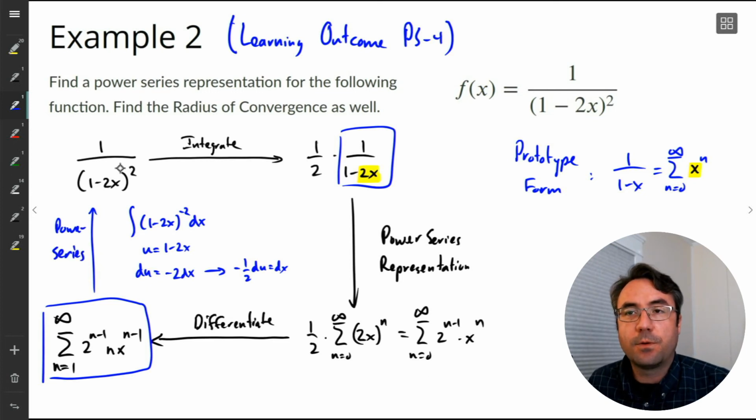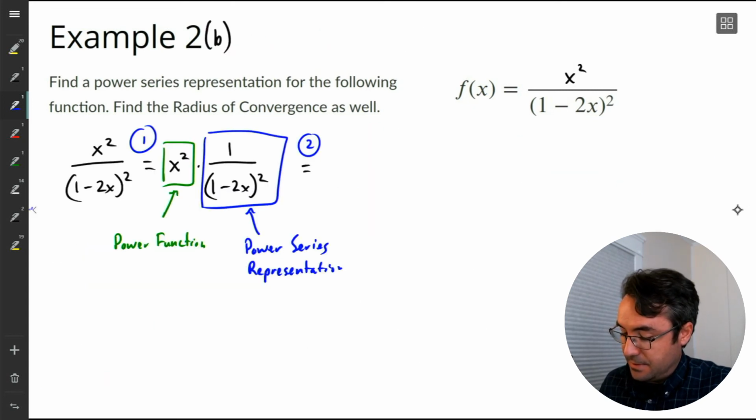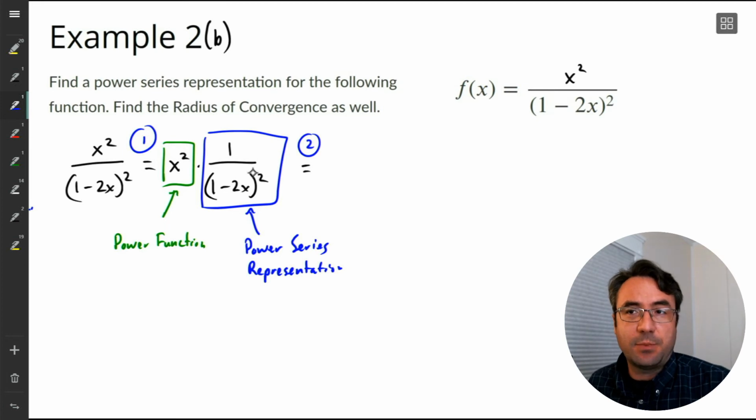So this 1 over 1 minus 2x squared, here's our power series representation for that function. Now this isn't our answer because we ultimately want to do this x squared over 1 minus 2x squared. So we did this completely separate. And now we're going to plug in the result.